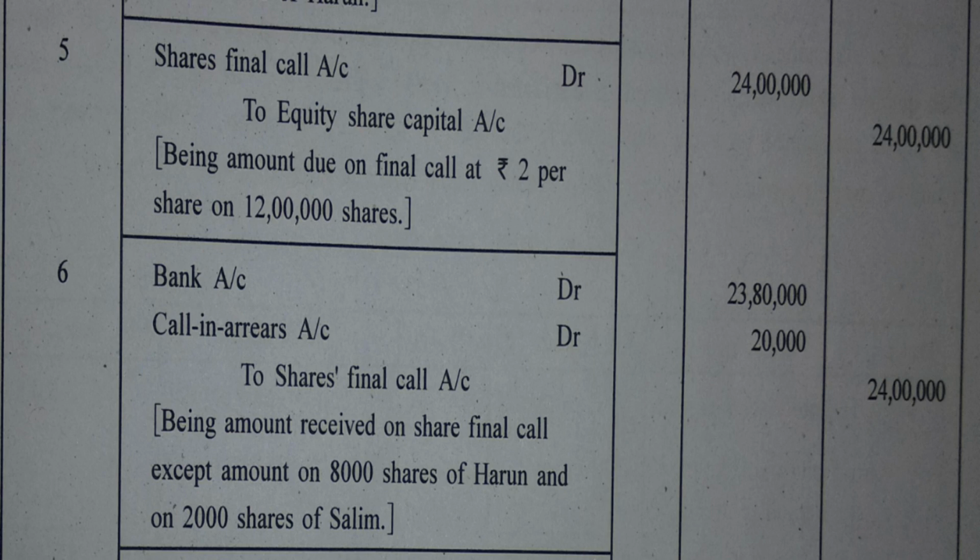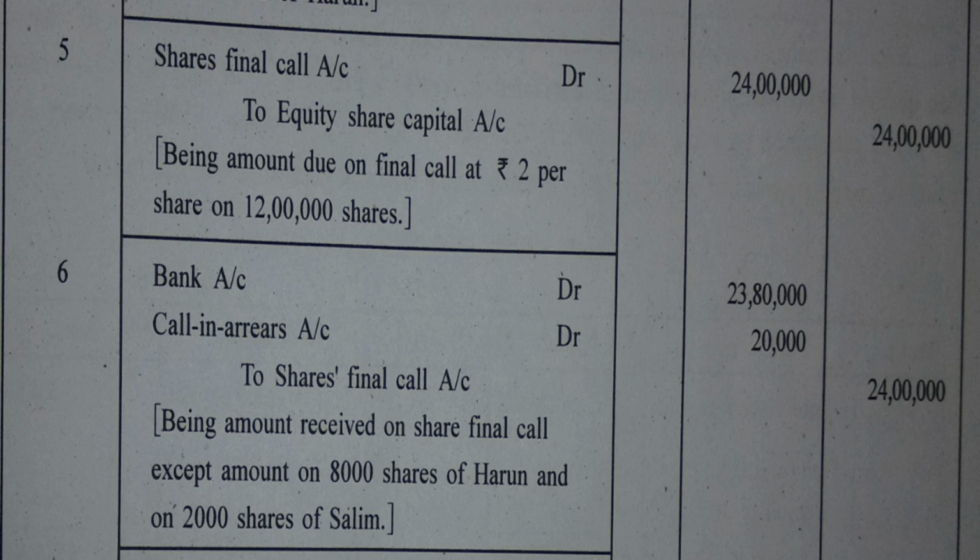How much amount becomes due on final call? 24 lakh. How much is not received? 2 rupees on 10,000 shares, 8,000 of Harun and 2,000 of Mr. Salim. So 10,000 into 2 gives you 20,000. So 20,000 is not received. It is called in arrears and hence it has been debited.